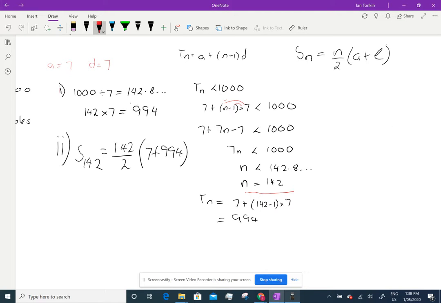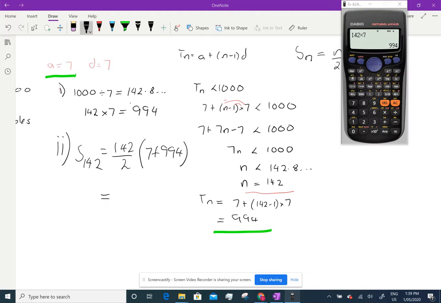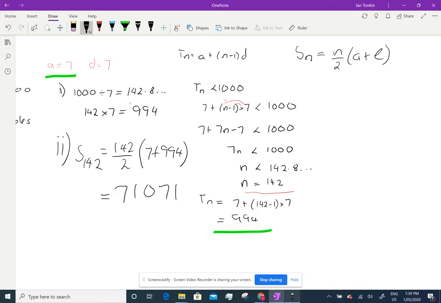How did I know those things? Well, I knew my A. There's my A. And there's my T of 142, the last term that we're trying to add up. So then it's just calculator work. 142 divided by 2 times 7 plus 994. 71071. 71071.